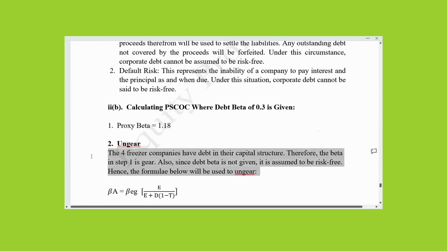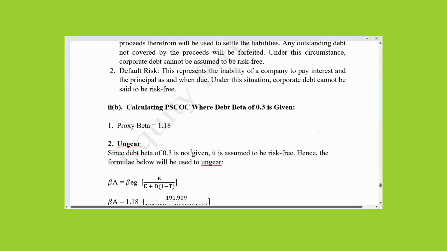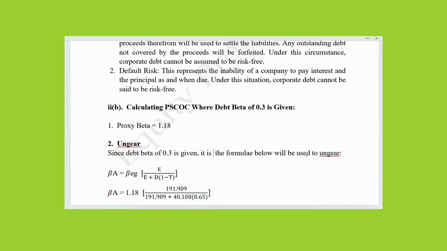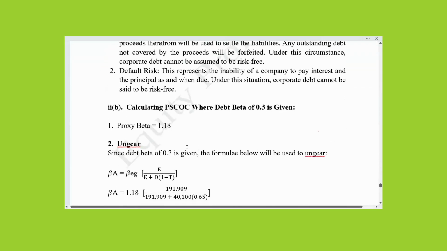I can just rewrite it to say that since the beta is given, we have been given that beta of 0.3, the formula below will be used to ungear. Therefore, I then need to calculate.